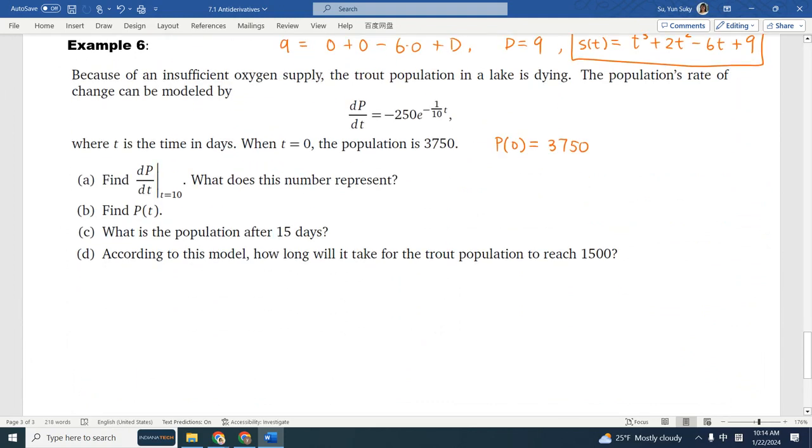Okay, so part A, dP/dt, the rate of change when t is 10. For this step, do we need to integrate the rate of change? No. We just plug in t is 10. So we get minus 250 e to the negative 1 over 10 times t, where t is 10.